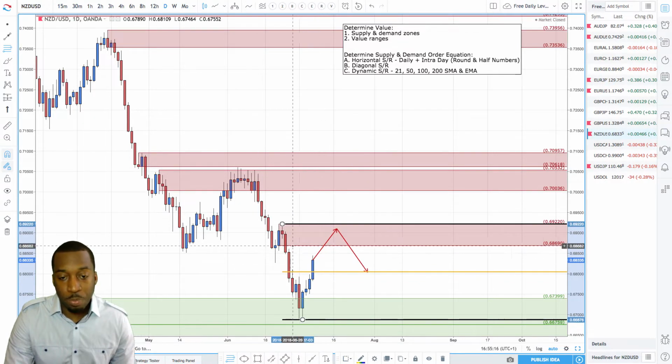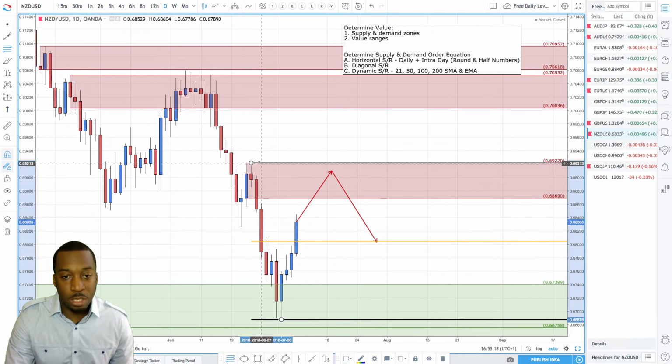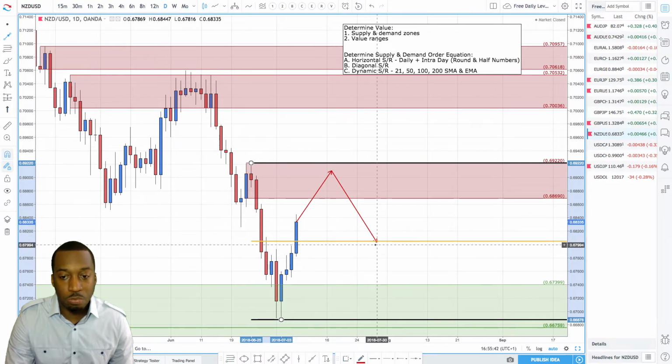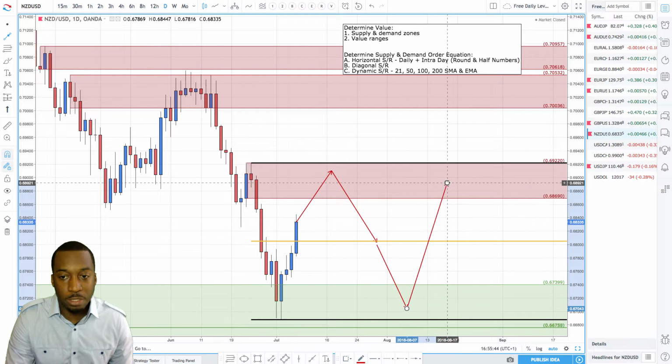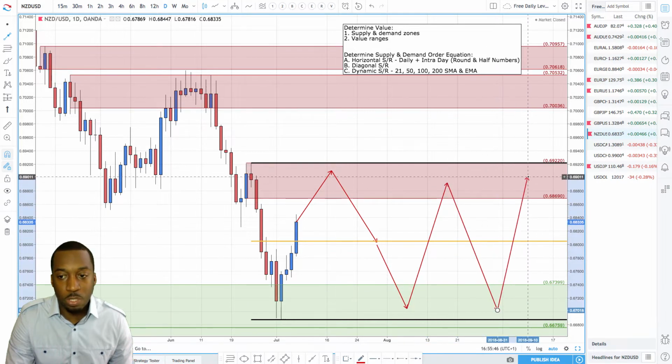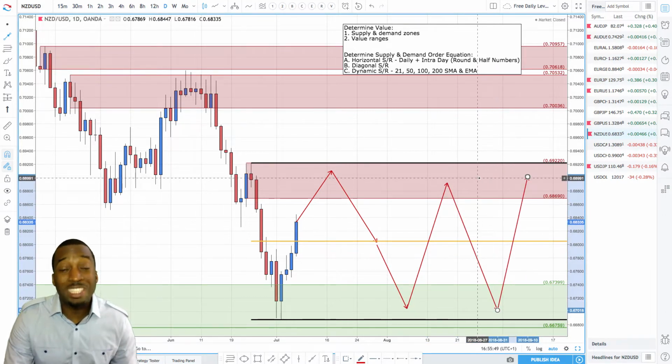If this was once considered a cheap, value area for the US dollar and prices went lower, when prices come back we should be at what we would consider a bargain level. This is fair value, and this would be an expensive area for the dollar. So what I'm expecting is for prices to range between this high and this low until something fundamentally or sentiment-wise changes.